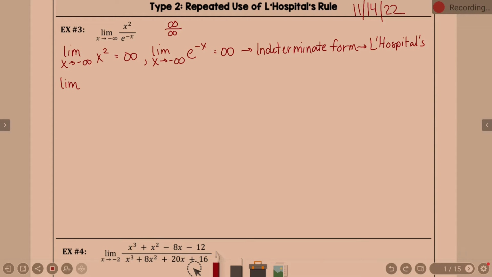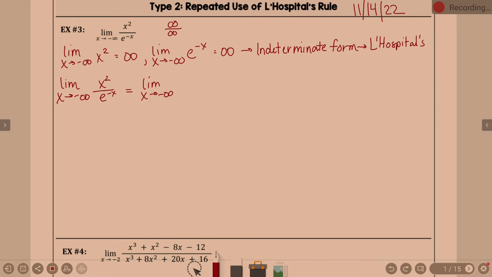So I'm going to rewrite my original limit. The limit as x approaches negative infinity of x squared over e to the negative x. And remember, if we have those indeterminate forms, we can take the derivative of the numerator and the derivative of the denominator. So this is going to be the limit, still as x approaches negative infinity.